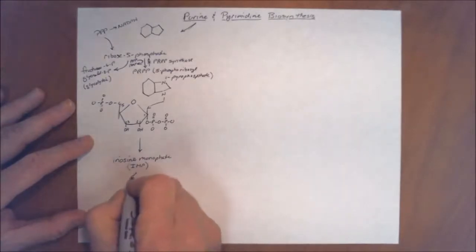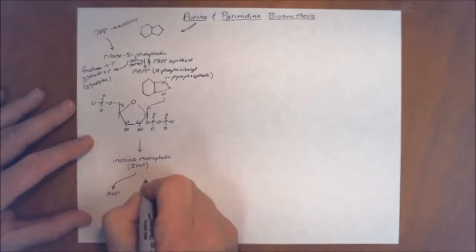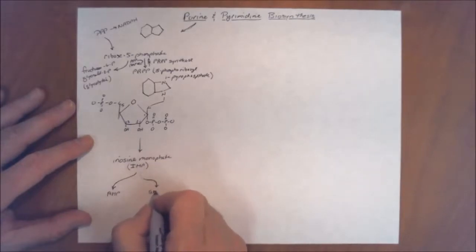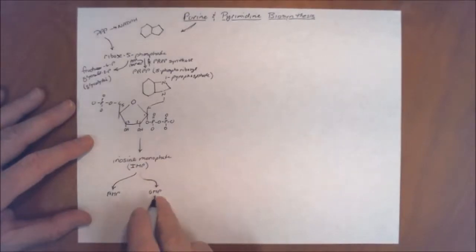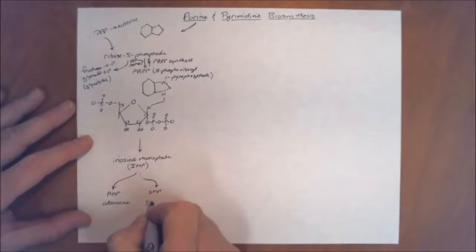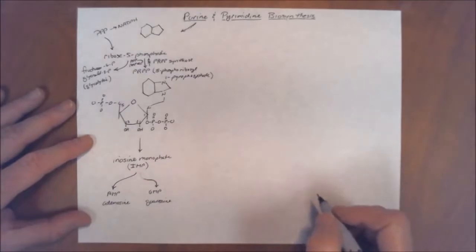Through a series of reactions, we can generate from IMP either AMP, adenosine monophosphate, or GMP, guanosine monophosphate.